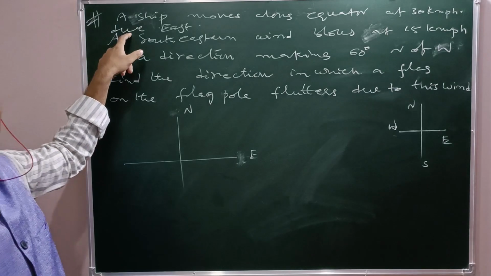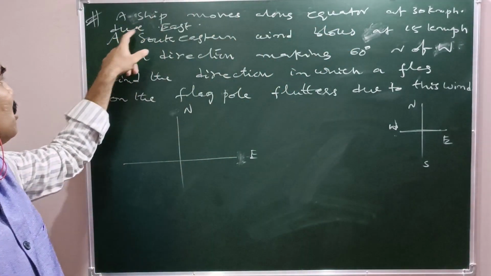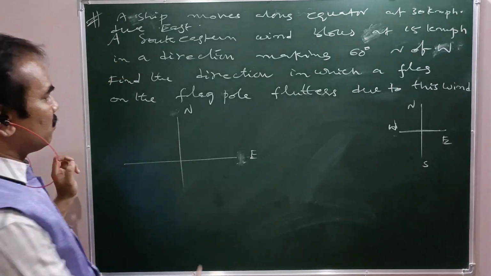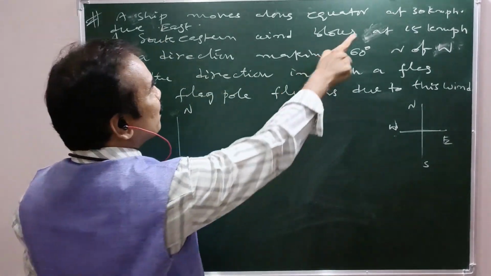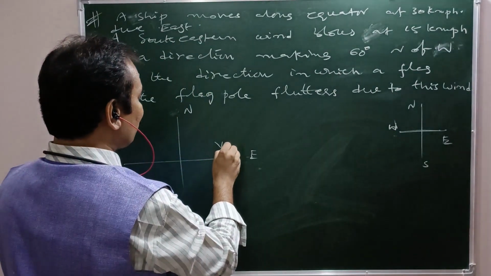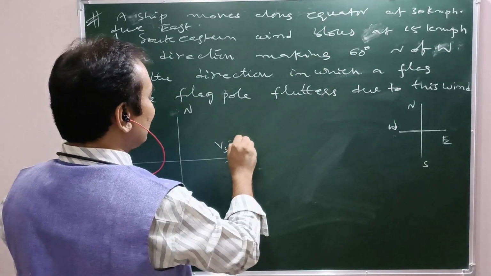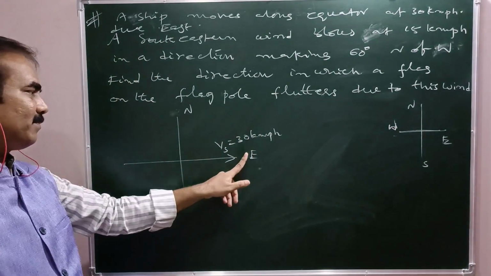A ship moves along the equator at 30 kmph, due east, right? So what is the direction of the ship here? Due east. What is the speed of the ship here? 30 kmph. So this is the velocity of the ship. That is, what is the value? 30 kmph. Right?